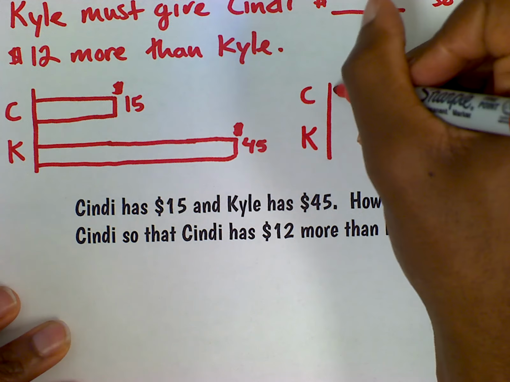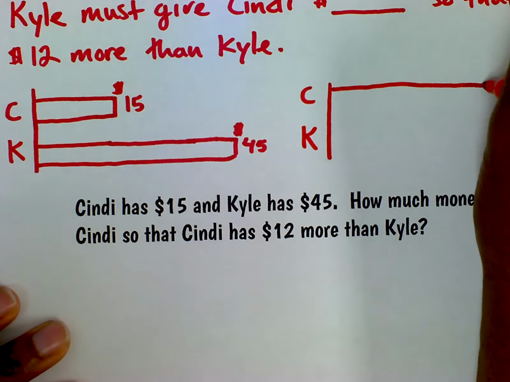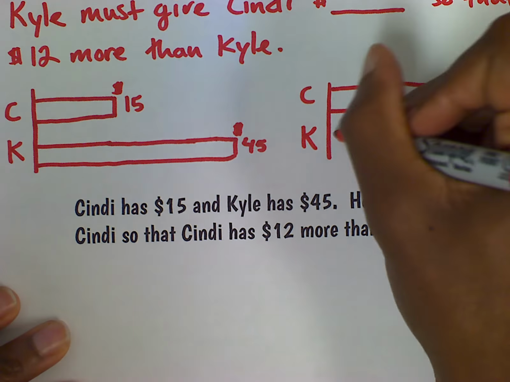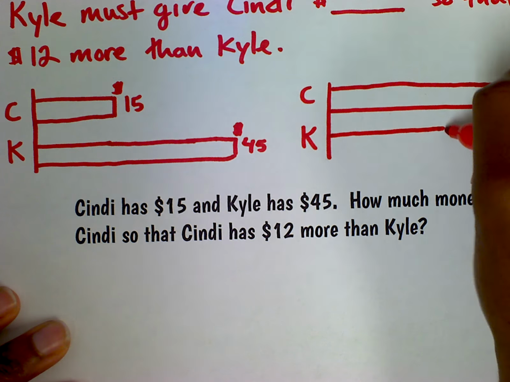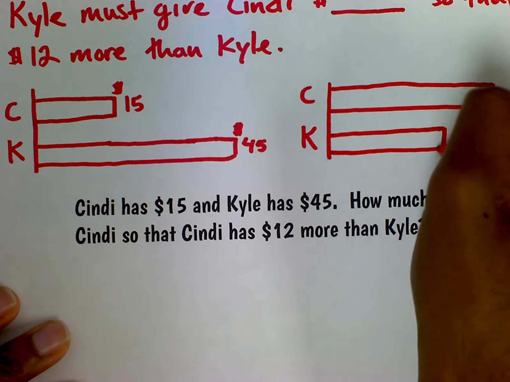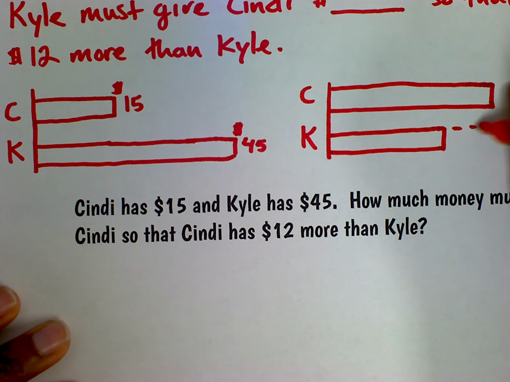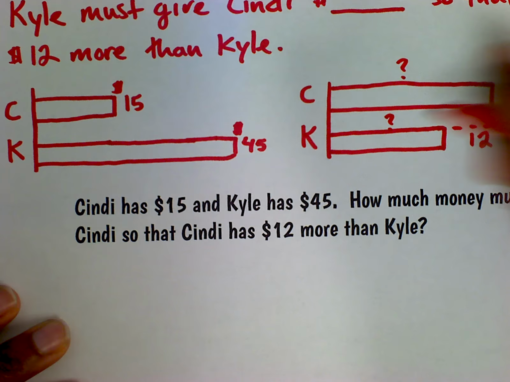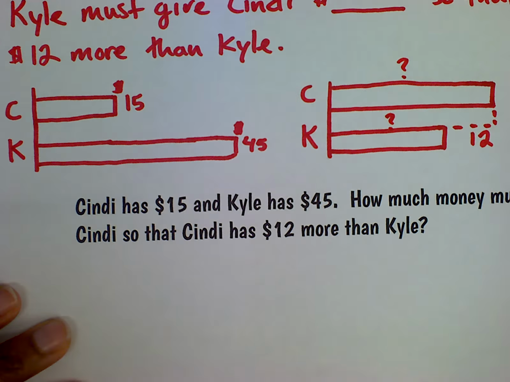So this is our objective at the moment. We want to create a situation where our tape and bar graph is going to look like this, where the difference between these two spaces right here would be 12. Currently, at the moment, we are unaware of what the value of this bar is and what the value of this bar. But we're going to figure it out. Mr. Evans is going to show you a really unique strategy to figure it out.